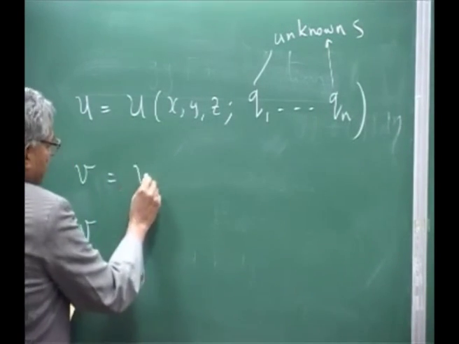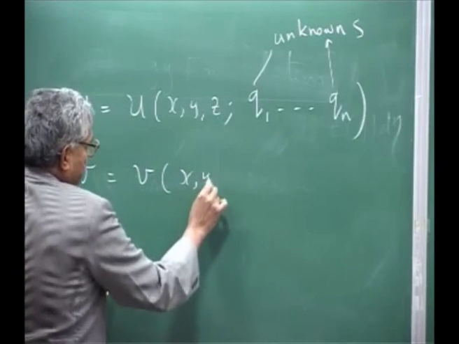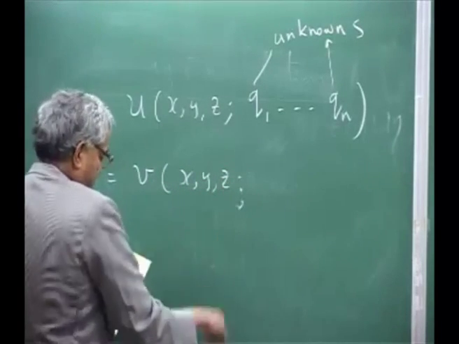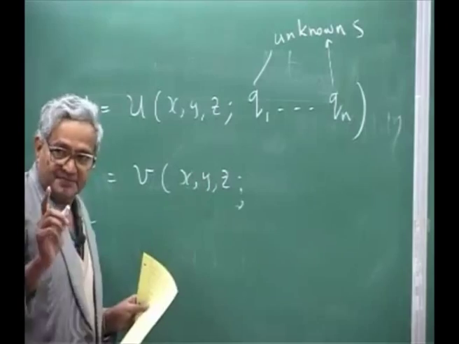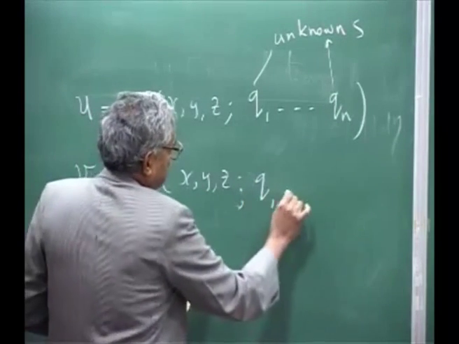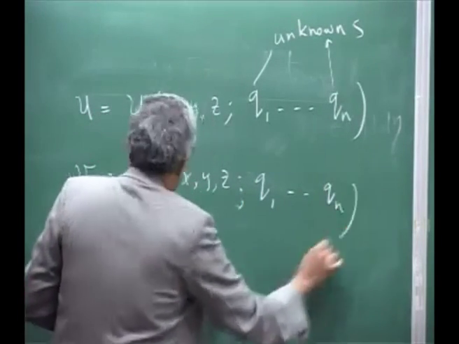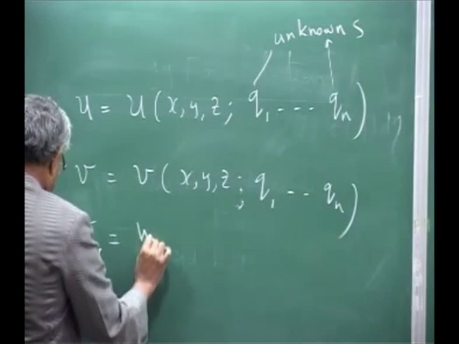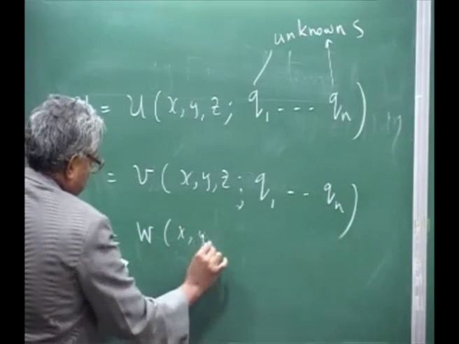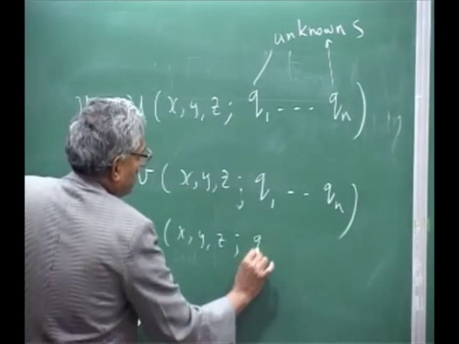Similarly, you will have V, which is a function of the identification point again, and W, that is also Q12.